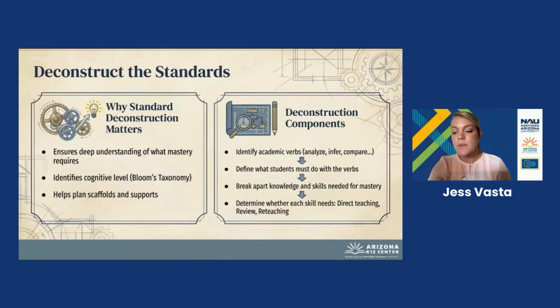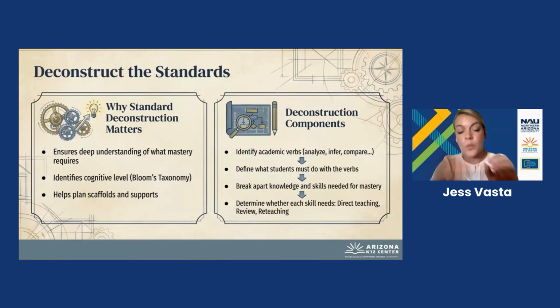Often we think that we know what a standard requires when we read it quickly, but deconstructing it helps us identify the exact cognitive demand. It takes our knowledge from being vague and surface level to deep and purposeful. We're going to start by identifying the academic verbs, like analyze, infer, compare, explain, that define exactly what students must do.